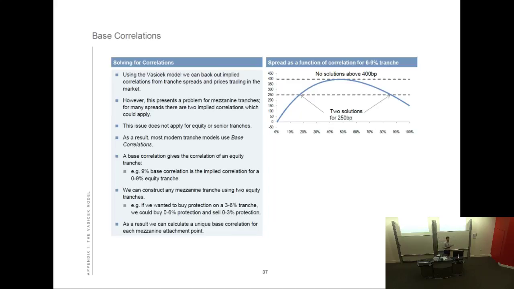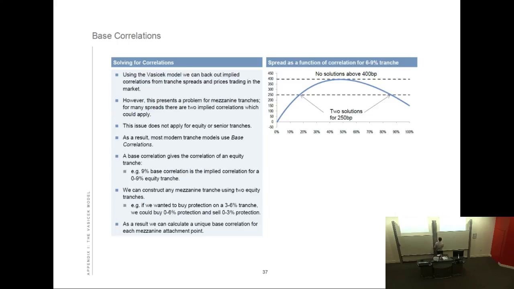If you think of a mezzanine tranche, so this tranche here, if you think of the price function of this tranche as a function of correlation, as we've seen, mezzanine tranches don't have a straightforward dependence on correlation. That's because, in a way, this mezzanine tranche is a combination of two equity tranches.